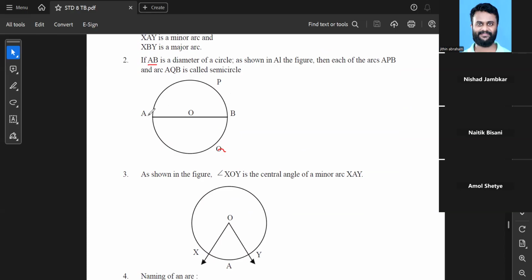So if I'm drawing a diameter, the diameter will also have 2 points, which are dividing the circle into two equal halves. So if AB is dividing the circle into two parts, since both parts are equal halves, we call them semicircles. So this APB and AQB both are semicircles.